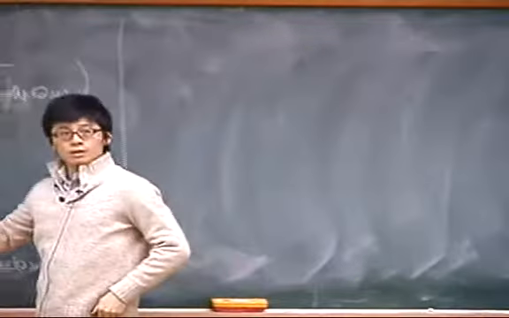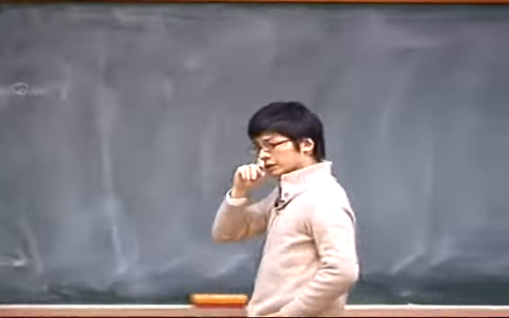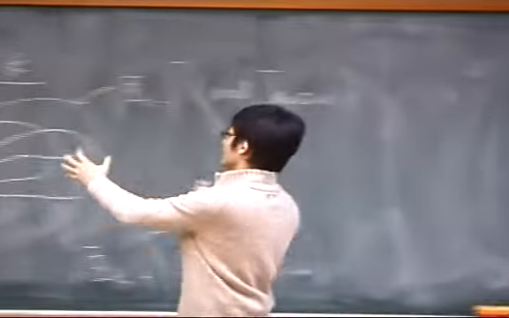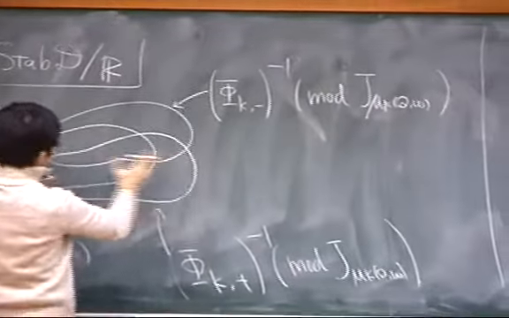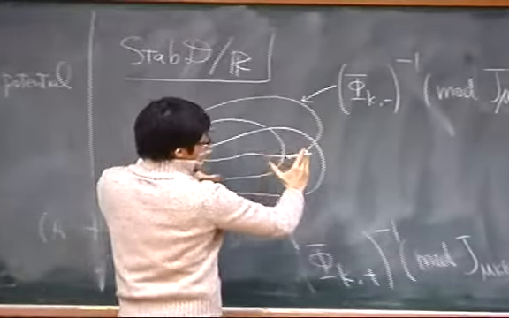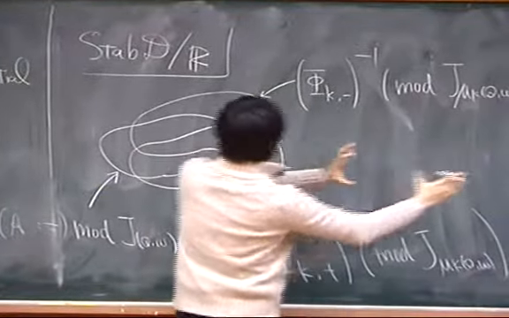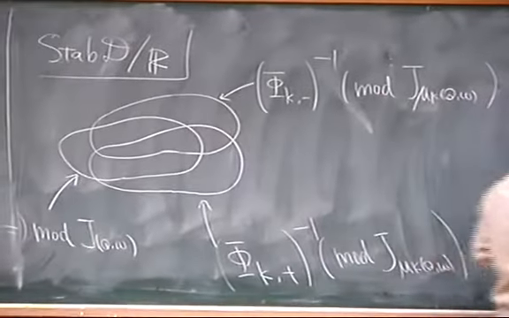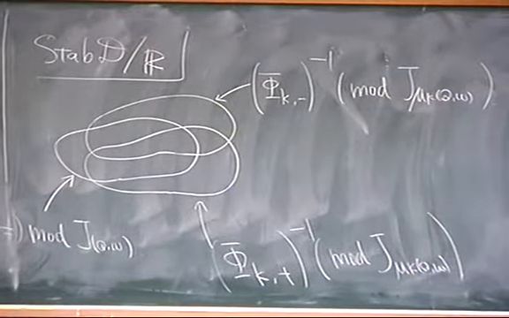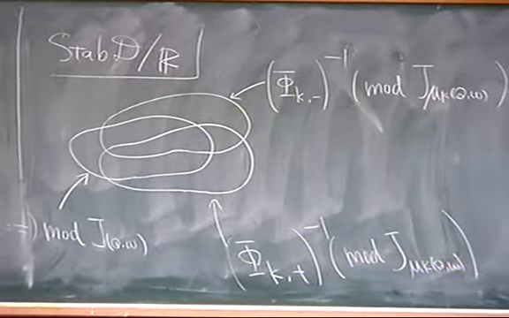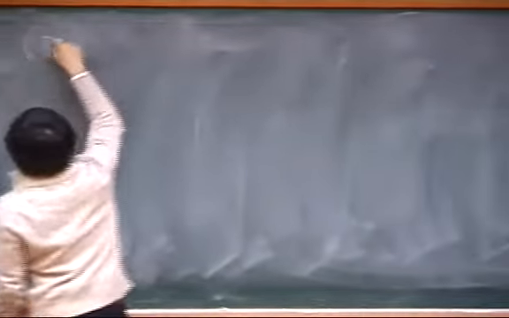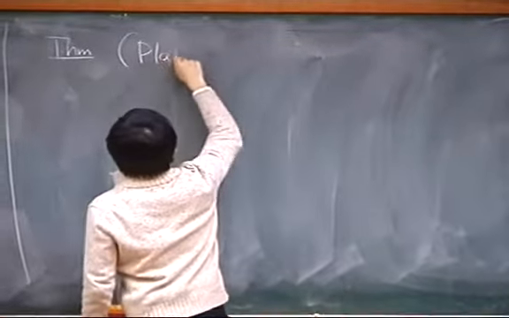But in general, the composition of tilting is not a tilting anymore. In other words, if we shift this a little bit and a little bit, then finally the original open set and the final open set in general do not have intersection. But we have the following theorem given by Plamondon.